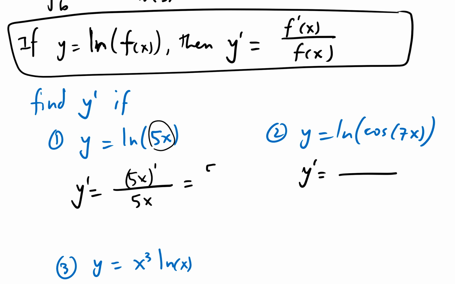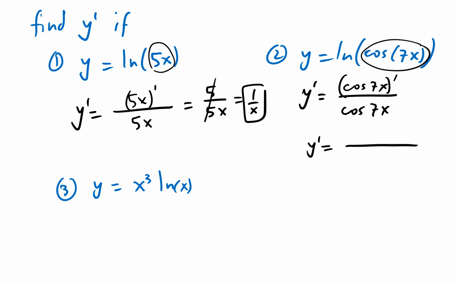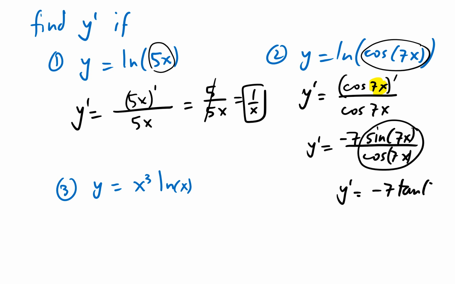The derivative of 5x is 5 over itself. Notice these cancel, so the answer is 1 over x. We do the same thing here: the derivative of cosine 7x over itself. The derivative of cosine 7x is the derivative of 7x, which is 7, and the derivative of cosine is negative sine, over itself. You can notice sine over cosine is tangent, so you can write it as negative 7 tangent 7x.